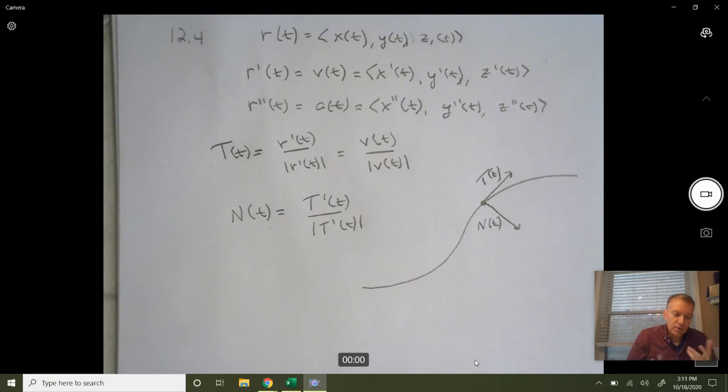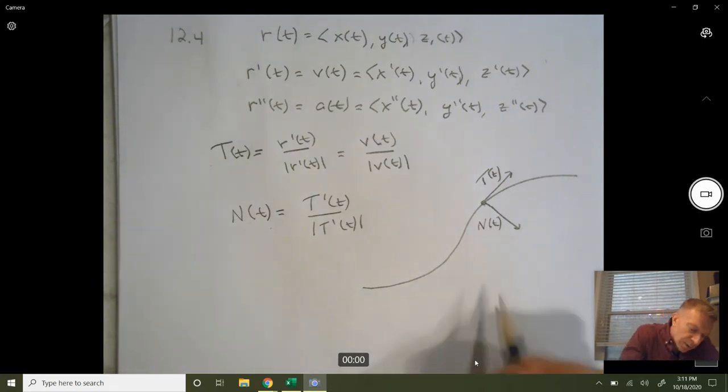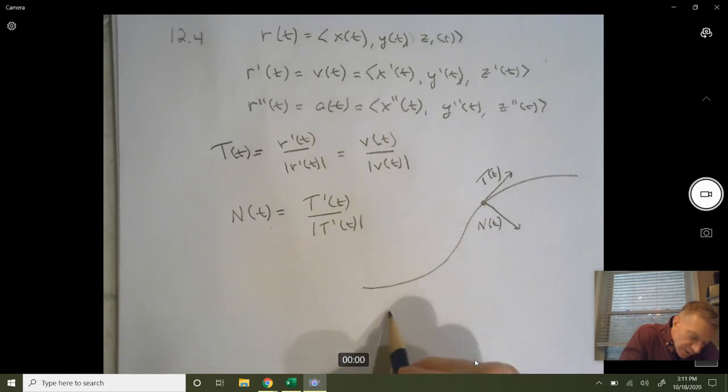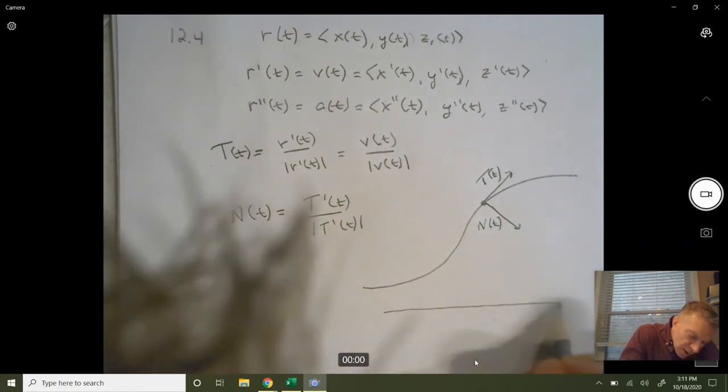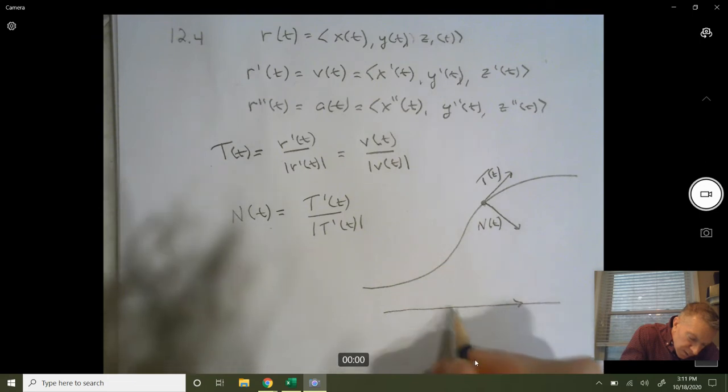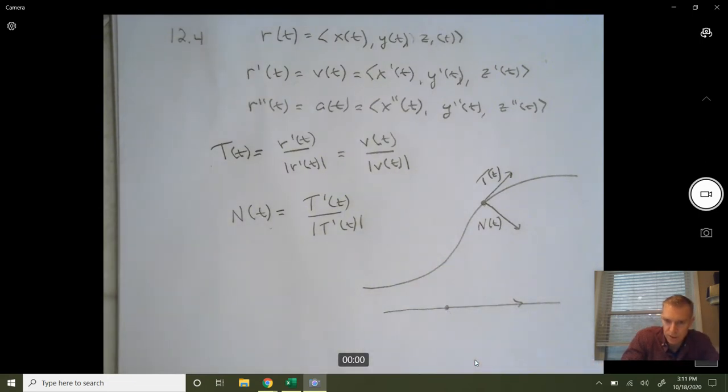Now we have to talk about where the acceleration vector lies. Let's connect this to what we did in the past. In the past, we were just moving in a single direction. Let's say your particle right here is traveling in that direction.